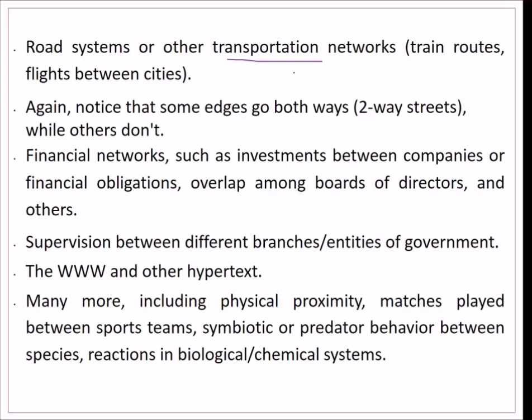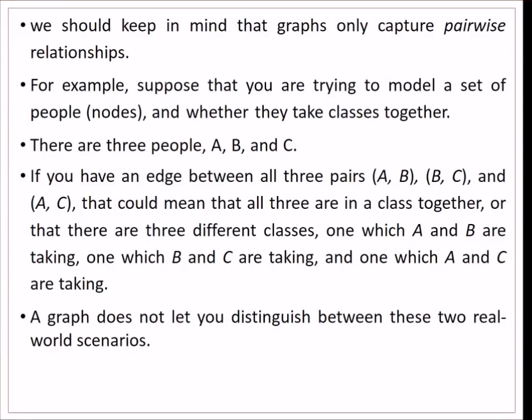Financial networks, supervision between branches, entities of government, the World Wide Web, hypertext, proximity and sports, you name it. Wherever some relationship has to be established between various nodes, a graph will always be there.